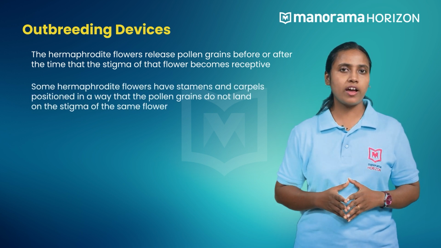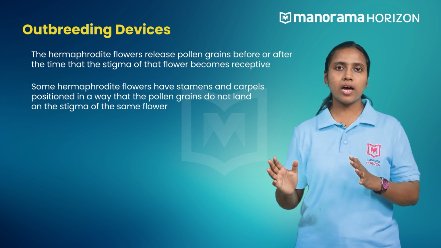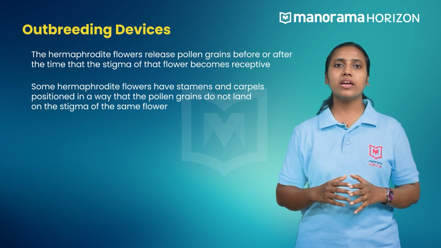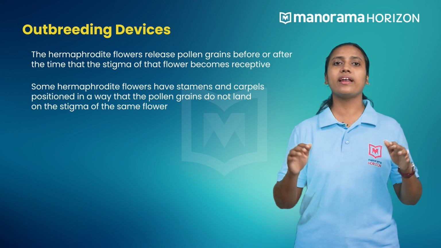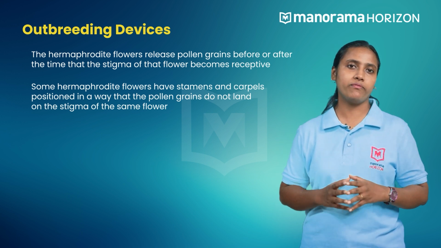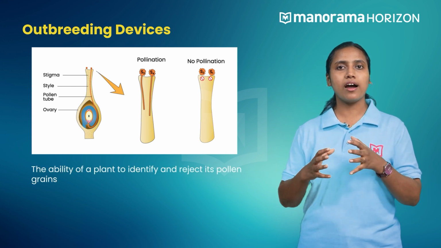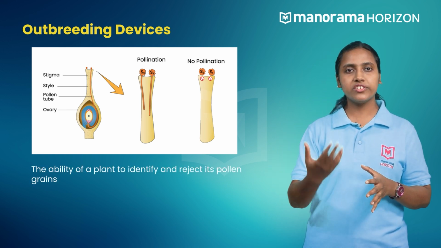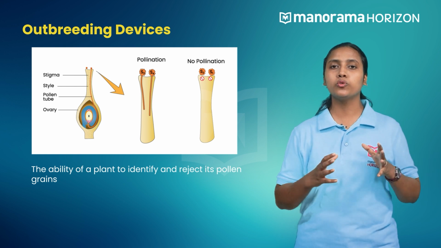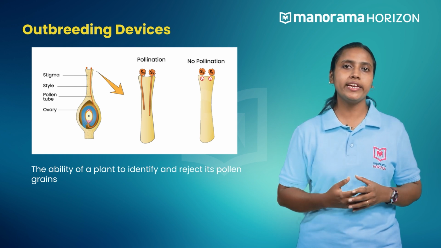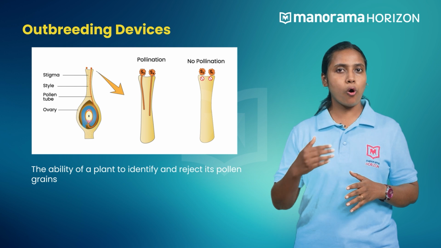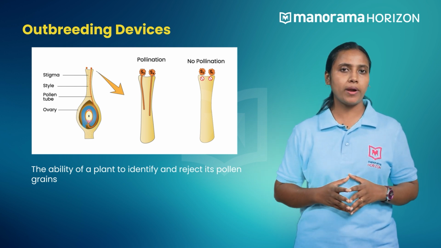Some hermaphrodite flowers have stamens and carpels positioned in a way that the pollen grains do not land on the stigma of the same flower. Another strategy is the ability of a flower to identify and reject its own pollen grains to prevent them from pollinating the same flower or other flowers on the same plant.